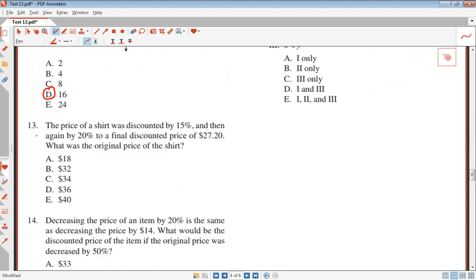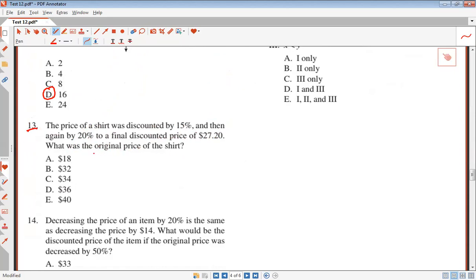Question number 13. The price of a shirt was discounted by 15%, and then again by 20% to a final discounted price of $27.20. What was the original price of the shirt?